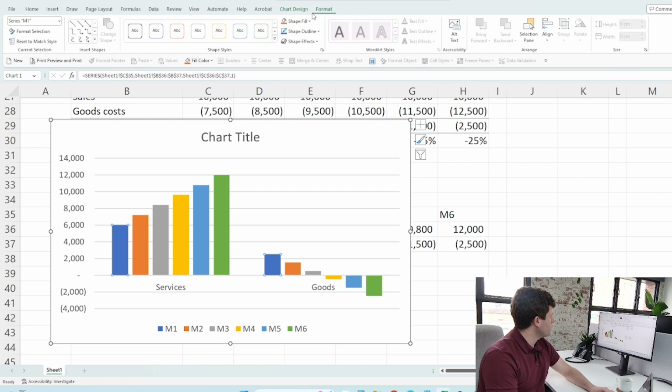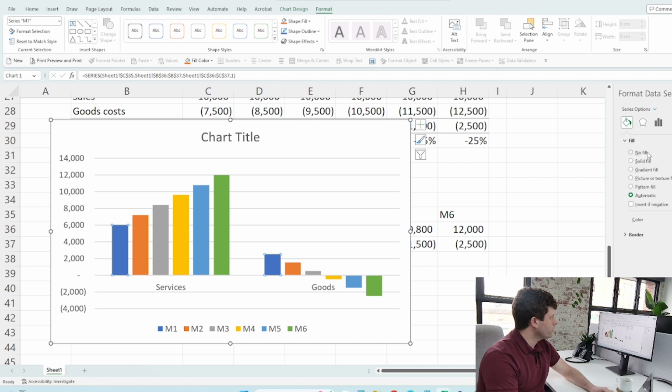Now, this is something I like to do to my graph, so I'm going to show it to you. Let's just play with these colours. The oldest month being the lightest colour, building up to the newest month being the darkest colour.